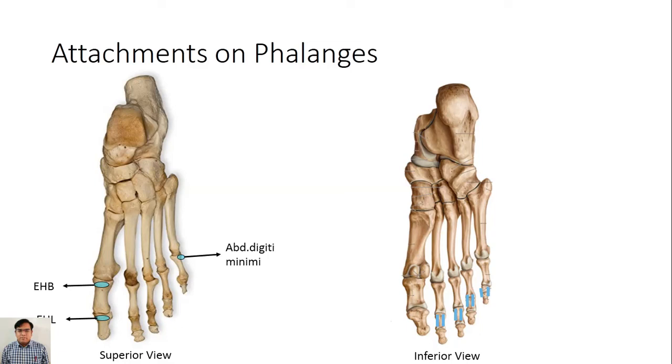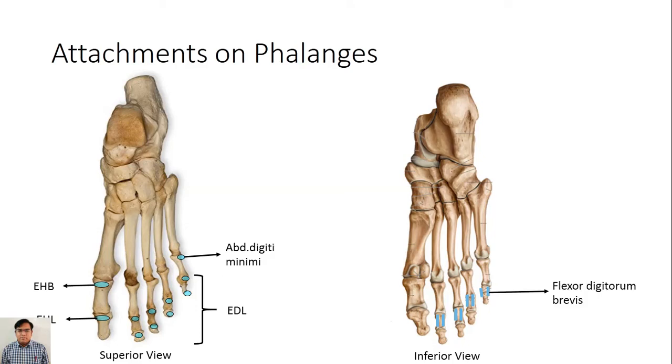This is the insertion of abductor digiti minimi on the base of the proximal phalanx of the lateral most toe, the little toe, and these are the attachments of extensor digitorum longus on the base of the middle and distal phalanges of the lateral 4 toes.